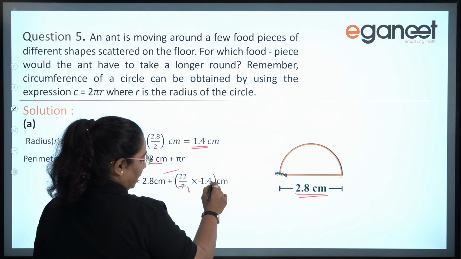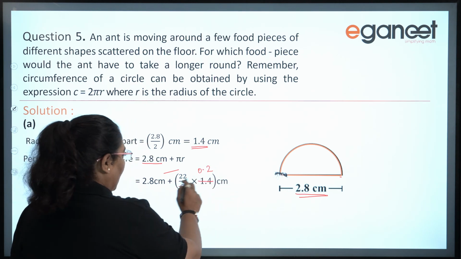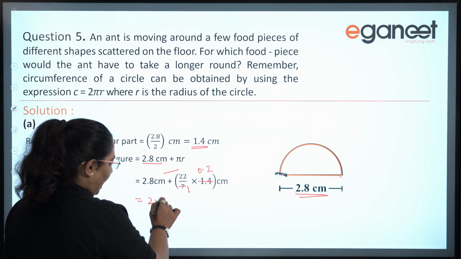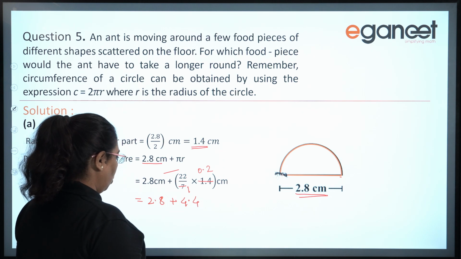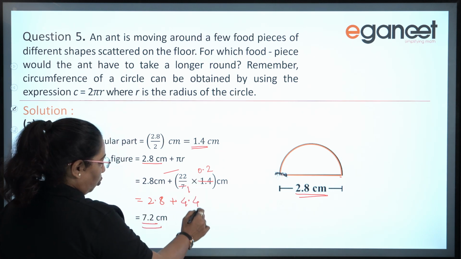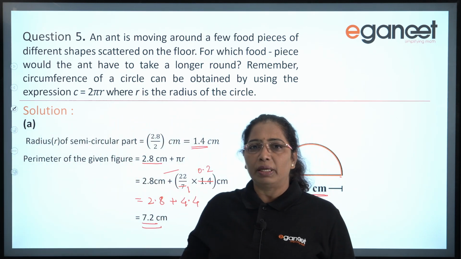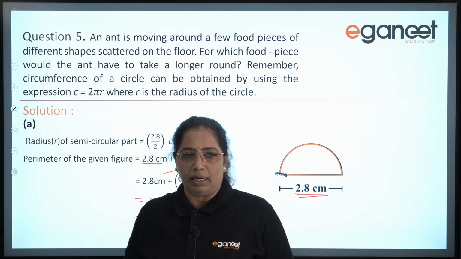I know 7 ones are 7 and this is 0.2. Right, and when I multiply with this, this is 2.8 plus 4.4. Got it? This is equal to 7.2 centimeter. So, what is the perimeter of this food piece? It is equal to 7.2 centimeter.